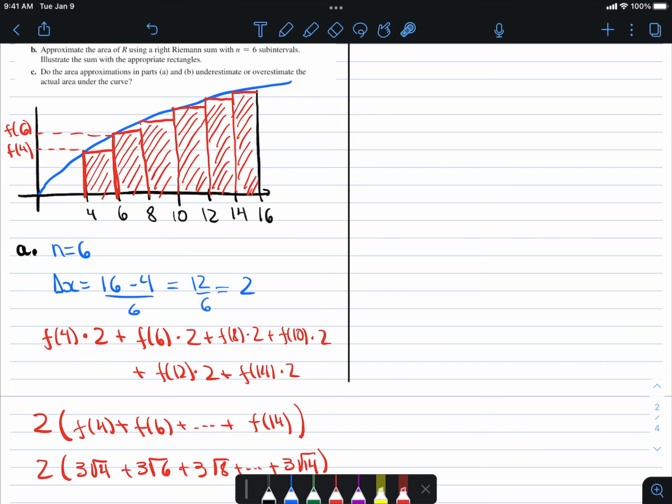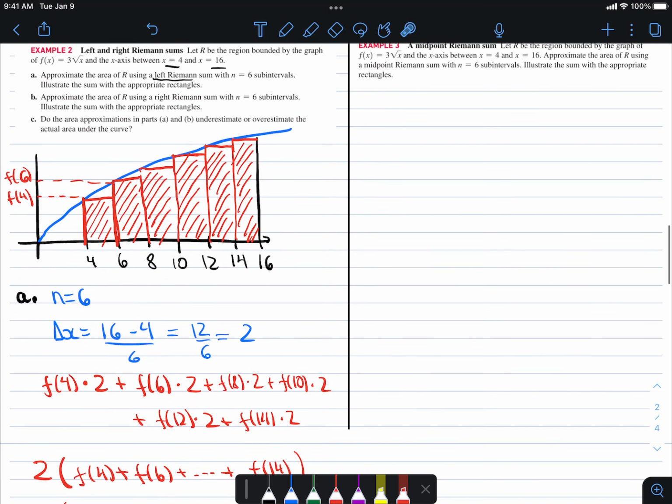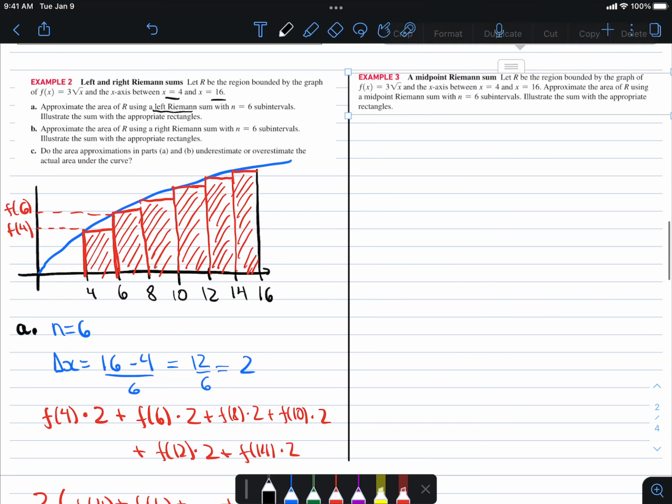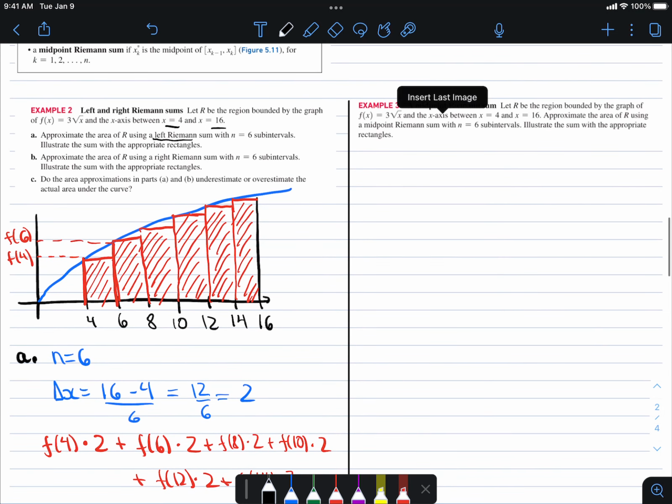We know the actual area under the blue curve is bigger than this number that we found. Okay? So this approximation for A underestimates the actual area, and then the approximation for B, I'll delete this. Maybe I shouldn't delete it. I'll just move it.